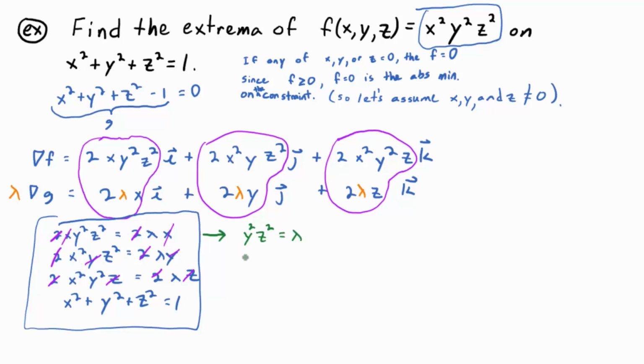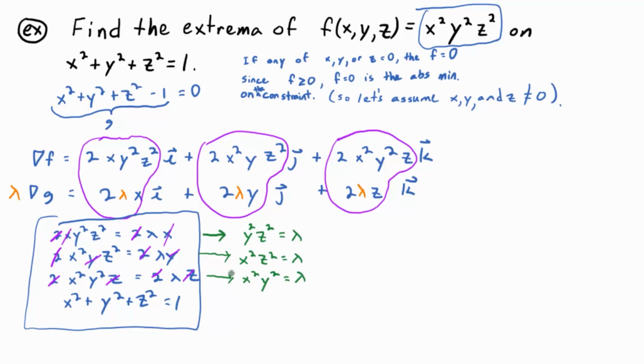And then what? x squared z squared equals lambda. Oh, I like that. Then from the third equation, x squared y squared equals lambda.